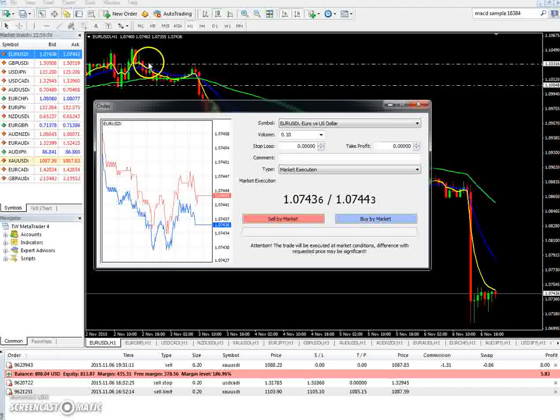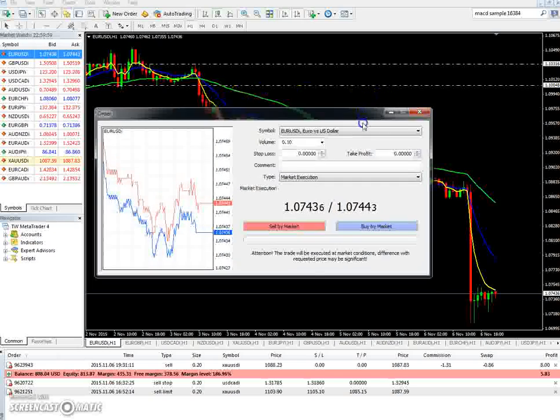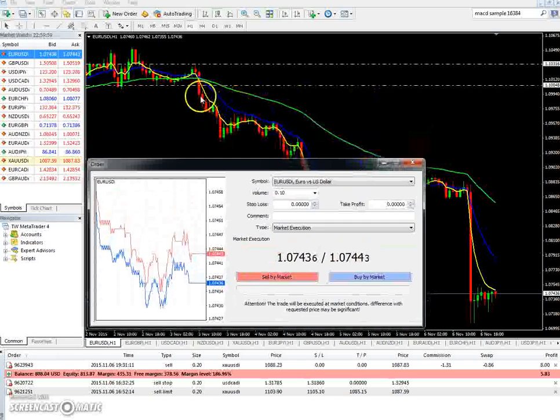If I had drawn these lines while all of this basing was occurring, I would have said, okay, once all of this basing is done and I have a candle break this low, I want to get in roughly somewhere below that low. So not knowing that this candle has created itself, I probably would have done this.